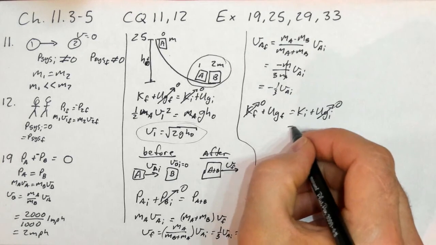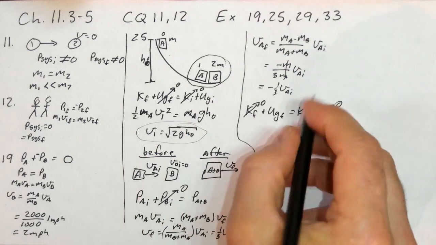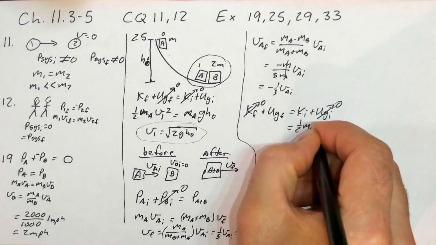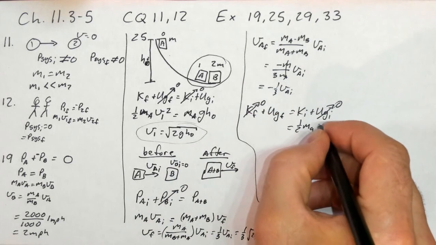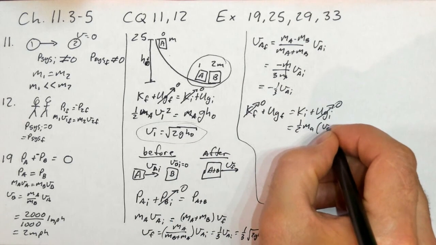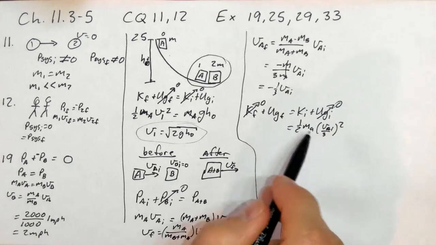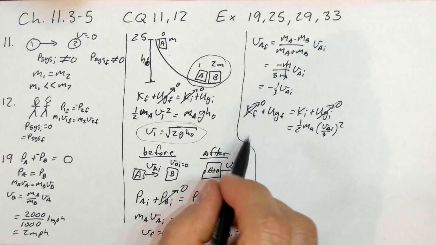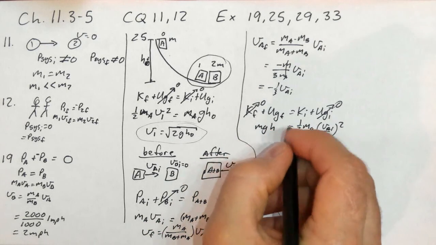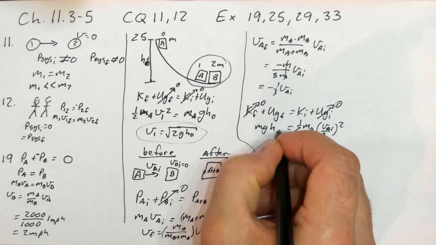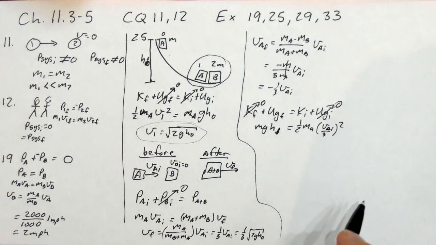Our K initial is going to be equal to 1/2 MA times this, but only in magnitude. I don't care about the minus sign. So VA initial over 3 squared. That's our kinetic energy to start on its way up. And this is going to reach an MGH. I'll call it H1 since I called H0 that initially.